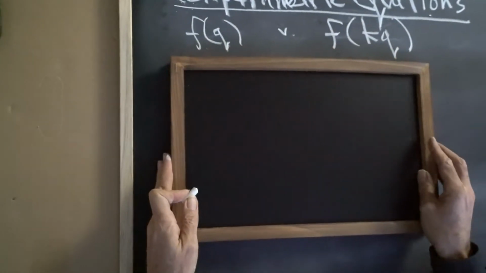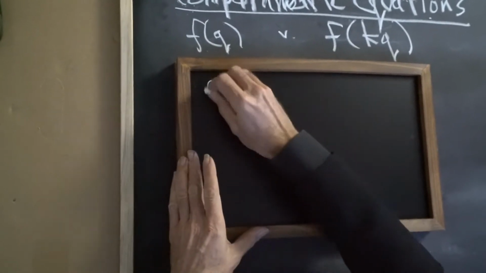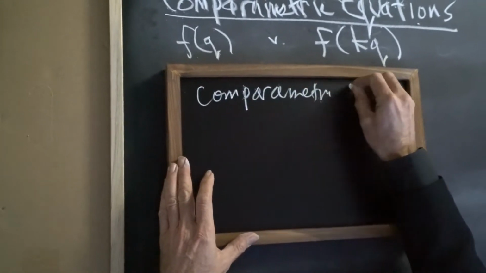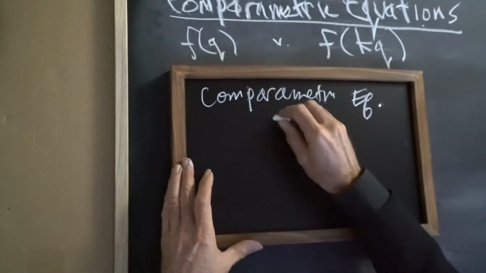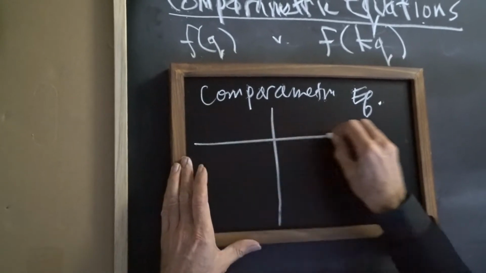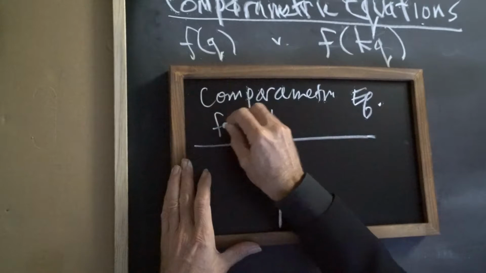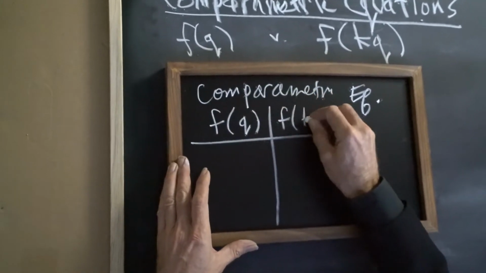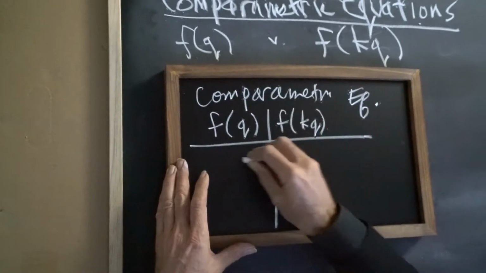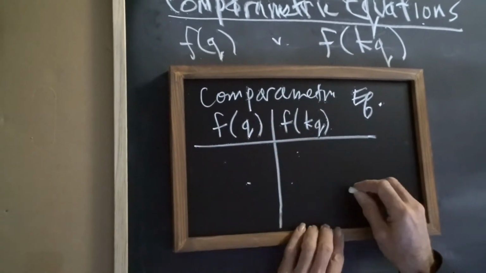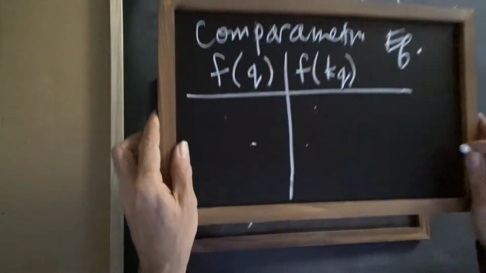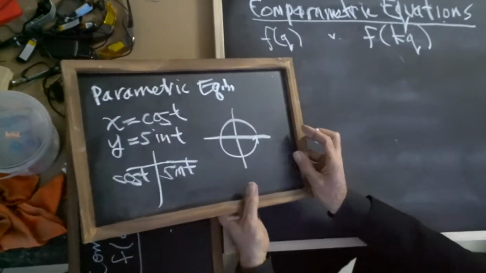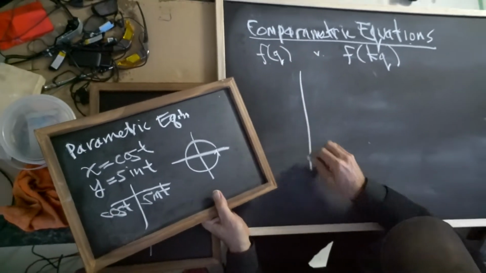Now with a comparametric equation, we'll have a similar kind of idea, but this will be f of some quantity q, and this will be f of some quantity kq. And so we'll have this relationship. You'll have your plot here in a comparametric equation. Your plot analogously is something like this.